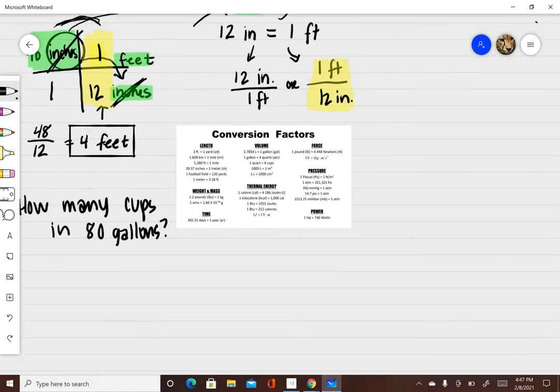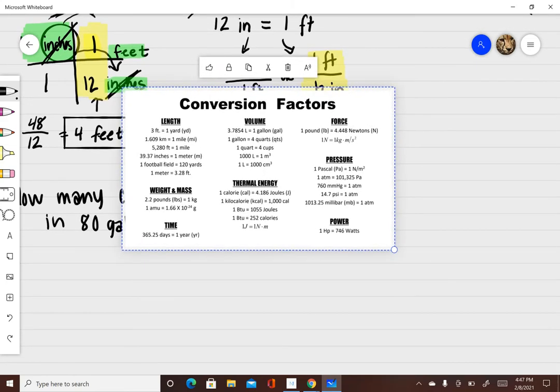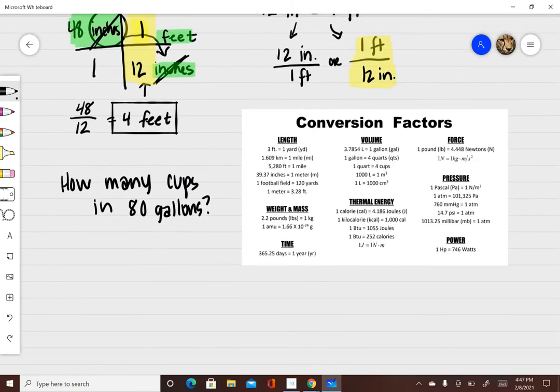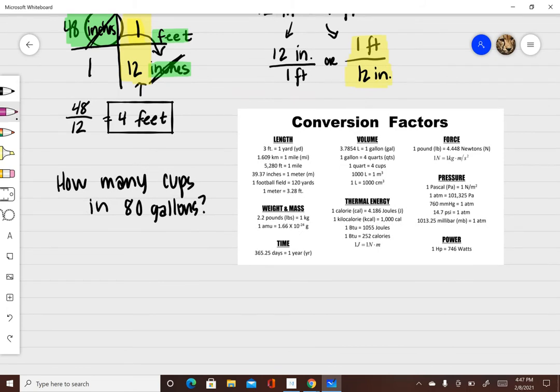And I'm just going to think about the process for this. I want to talk about the problem solving process in my head. So in this area is my volume location, right? I can see I'm working with gallons and I can get to quarts. But my goal is to get to cups, and I have this other conversion of quarts to cups as well. So in my head, when I do my conversion factors, I'm going to have to take a few steps to get here.